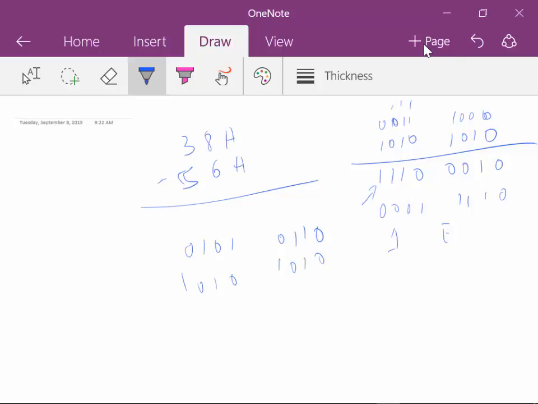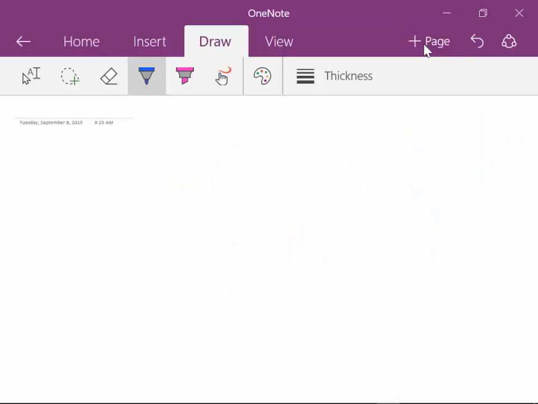Let me try writing that down in such a way that makes sense. So, to subtract: take the 2's complement of the number below, in other words, the number you're subtracting, then add the two numbers.